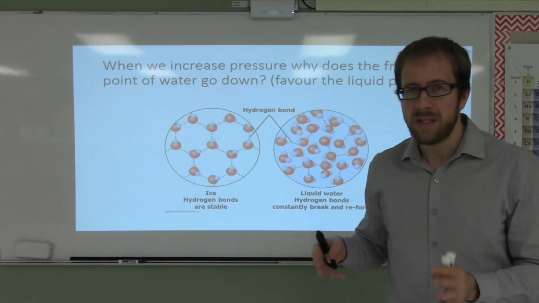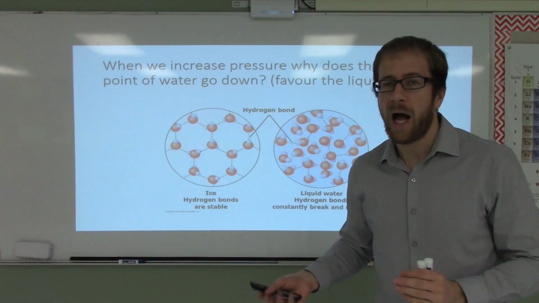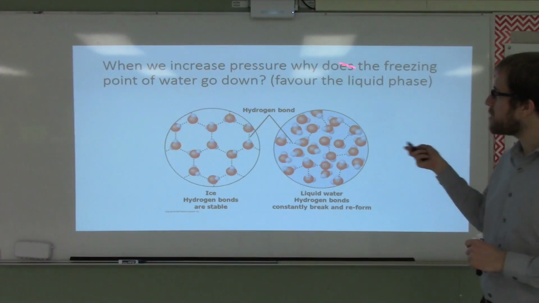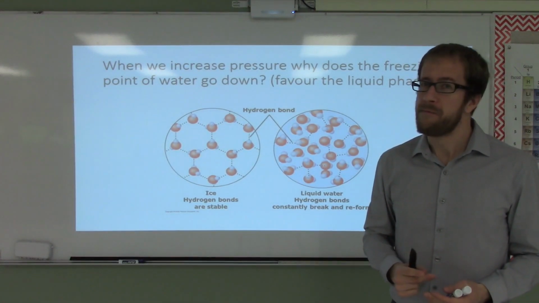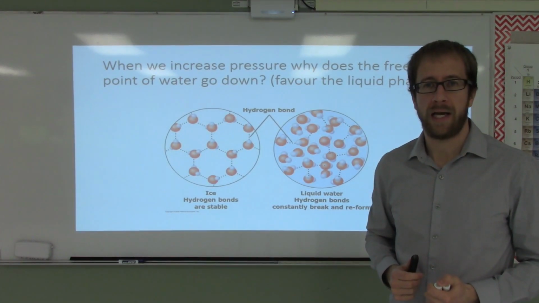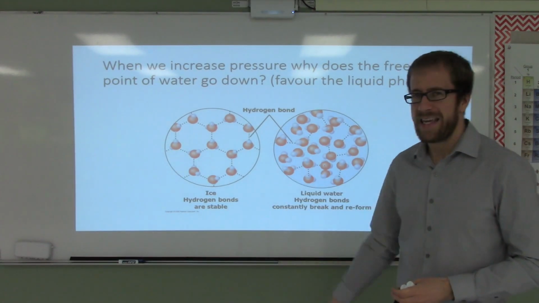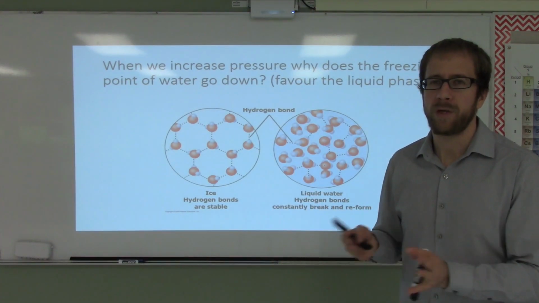So if we had liquid CO2 and we were freezing it, it would freeze from the bottom up. So that is what is special about water, very important for life on this planet. It's one of the very few substances that will actually have a less dense solid form compared to its liquid form.